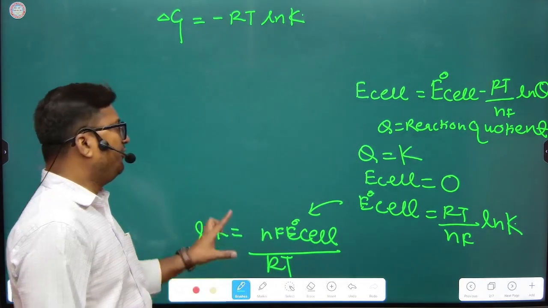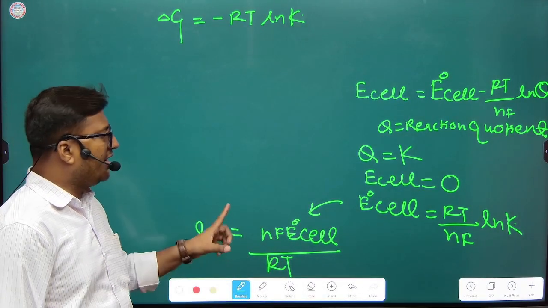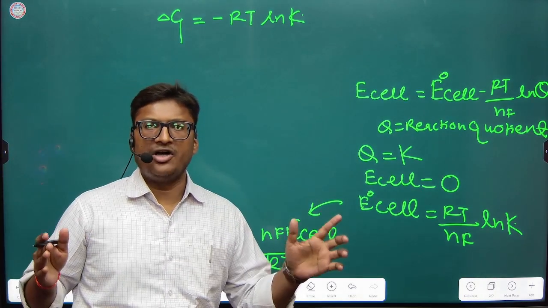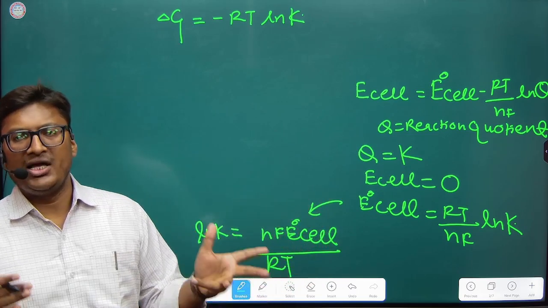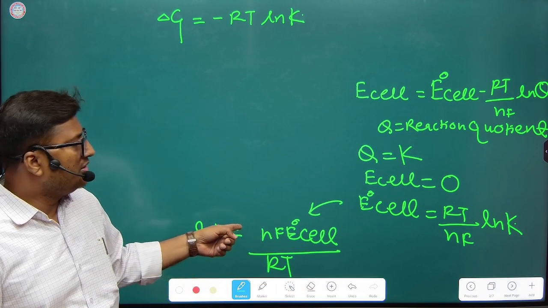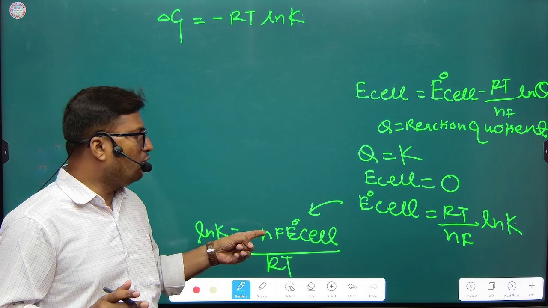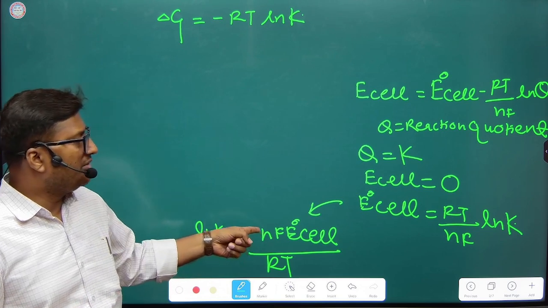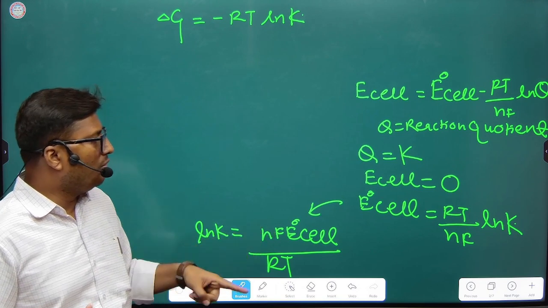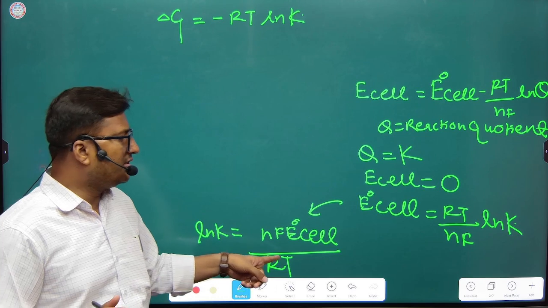So if we have an electrochemical cell reaction, and we balance all the half cell reactions and the overall cell reaction, then we get the value of n, which is the number of electrons transferred in the overall cell reaction. F is the Faraday constant, which has a value of 96,500 coulomb per mole. R is the gas constant, and T is the temperature.